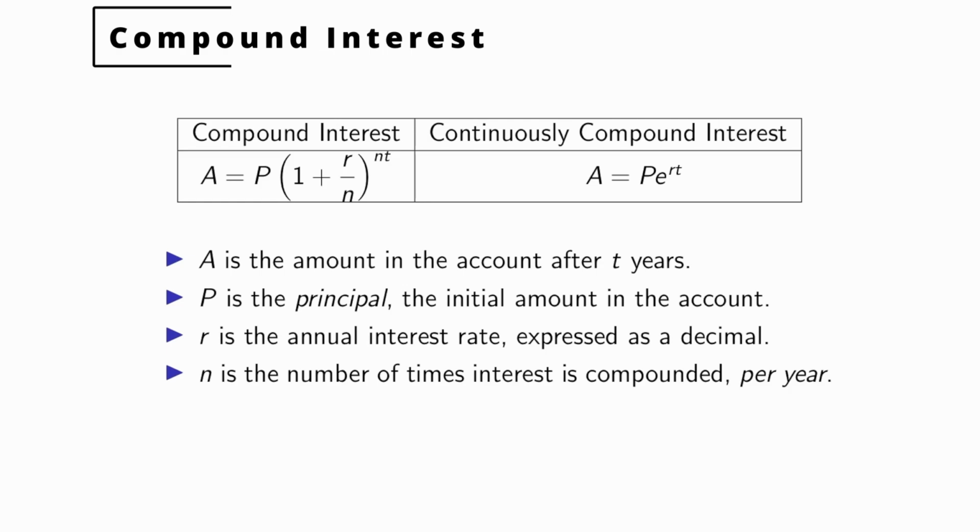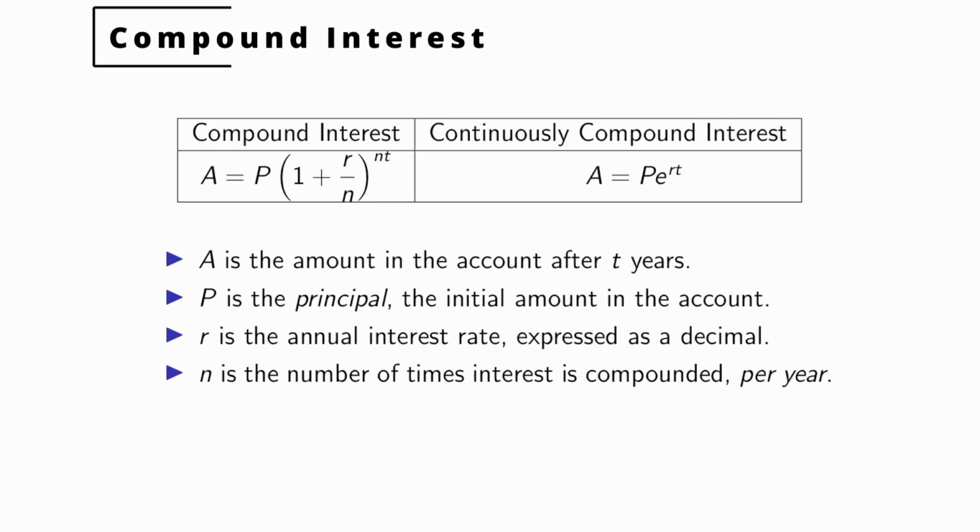What that would mean is every month you would earn 1% interest, and then over the course of 12 months, you'd get 12%, or 1% applied 12 times. With compound interest, you earn interest on the interest you've already earned. That first month, you'd earn 1% of your money, and then the next month, you'd earn 1% on the original amount you invested, plus the 1% you earned in the previous month.